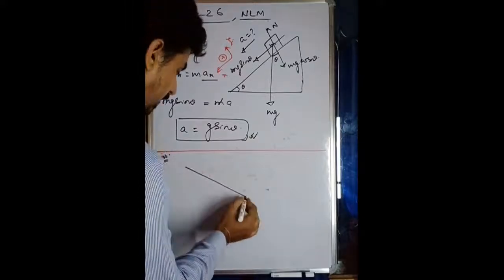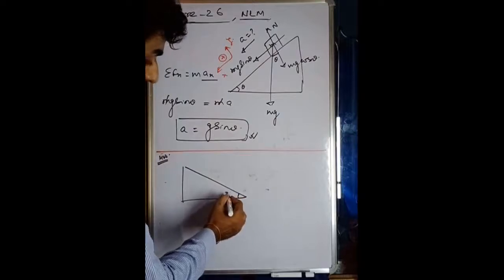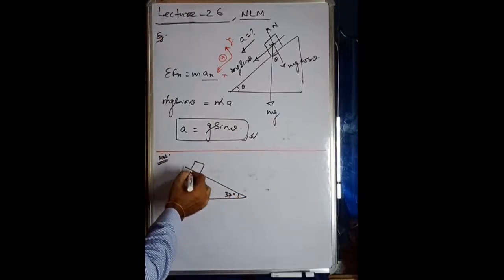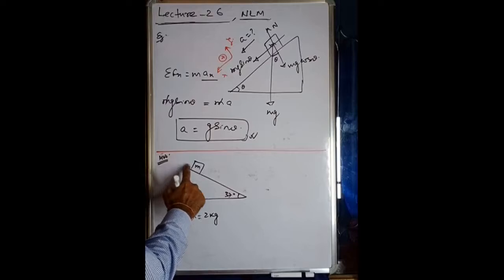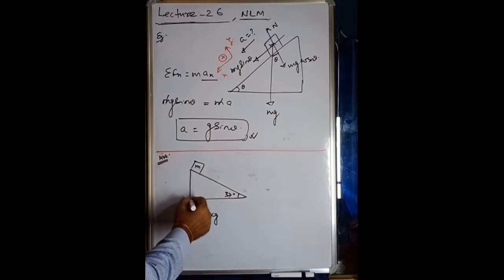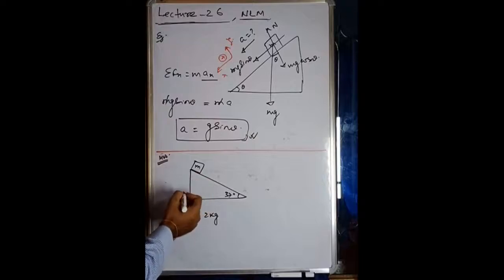Here there are two questions. Here is the 37-degree wedge, a block of mass 2 kg is kept, and the height I have taken here is 10 meter.